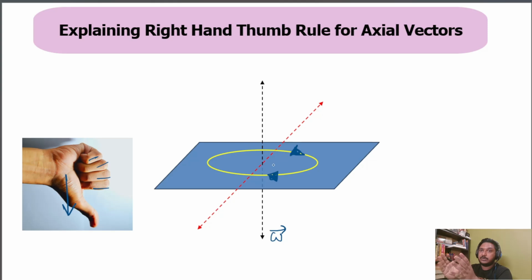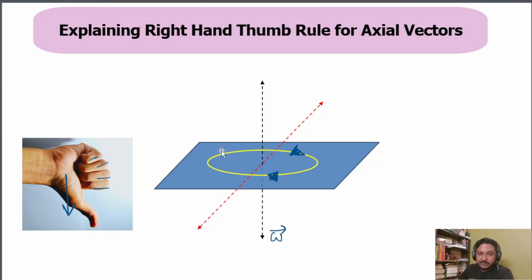Anti-clockwise means the angular velocity is towards you, clockwise means the angular velocity is away from you, and it will be perpendicular to the plane of rotation, either upwards or downwards, depending on the sense, whether it is clockwise or not.